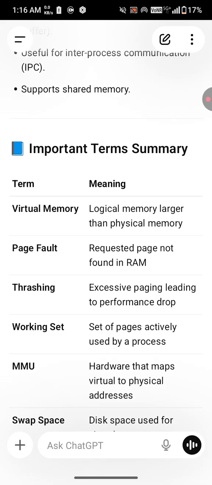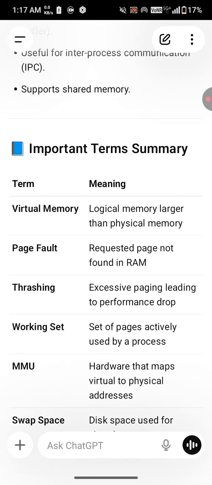Thrashing: excessive paging leading to performance drop. Working set: pages actively used by a process.